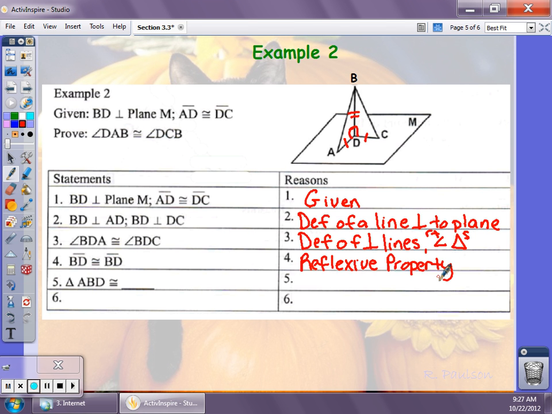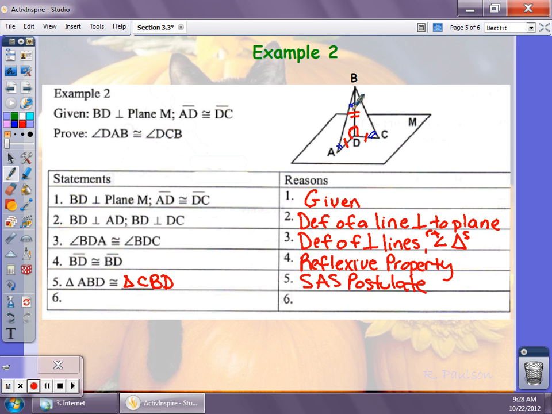So now if I look at the markings in my diagram, I can see that triangle ABD is going to be congruent to triangle CBD based on the side-angle-side postulate, so SAS postulate. And once I know this, I can now go back and mark all the rest of my congruencies. So now I know that this angle is congruent to this angle.